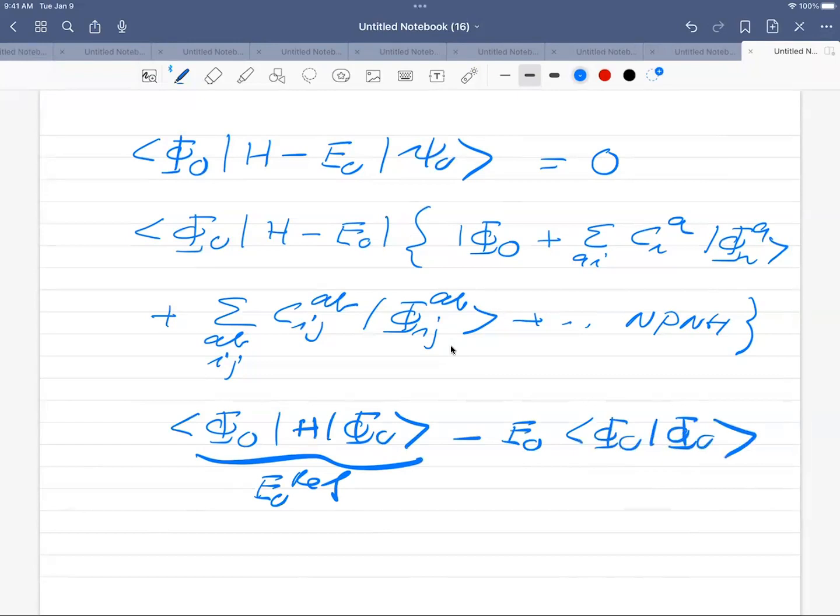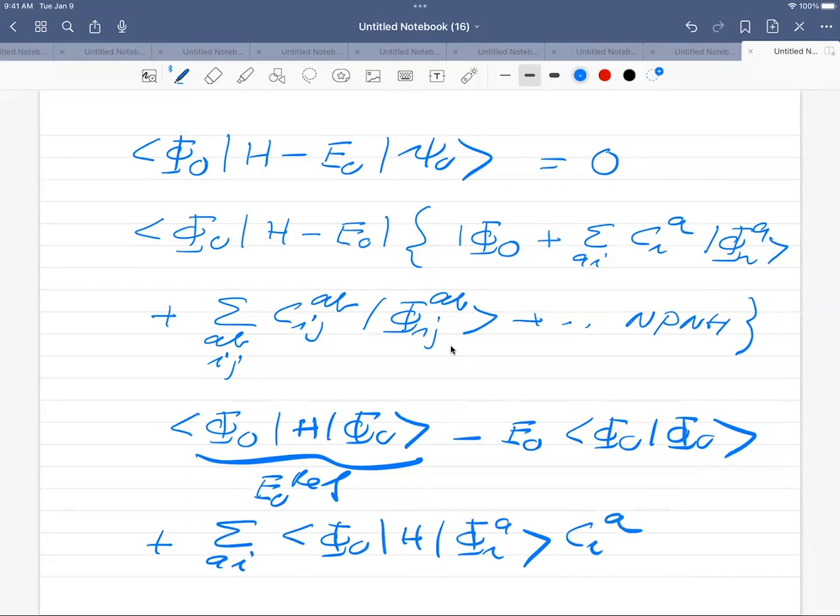And in this specific case, we know that we have a two-body interaction, so we cannot get more than a zero particle, zero hole, which connects with a two particle, two hole excitation. So what I will be getting, and this is where we will stop now, I will have a sum over AI. I have my phi 0, which is being multiplied, and I have my H, because E0 is just a constant, and the states are orthogonal. So that means I'm getting phi IA, this one, multiplied with CIA.